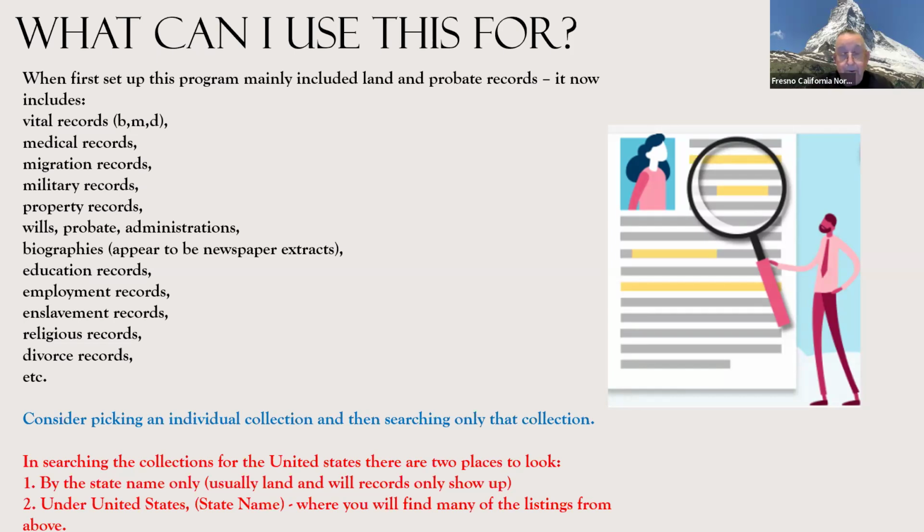And so you're going to have to learn to look in 2 different places: one starting with the state's name, or one starting with the words United States and then the state you want. There are 2 places in that list of browsable collections where a state will have records listed, and they are different records in each location. So you really have to look carefully.